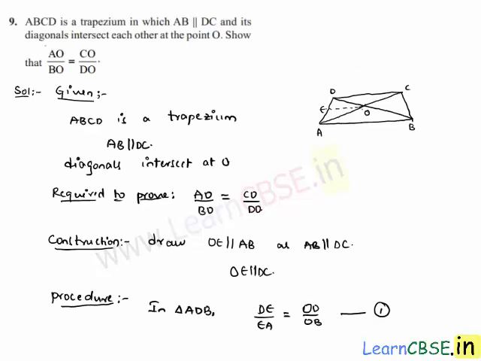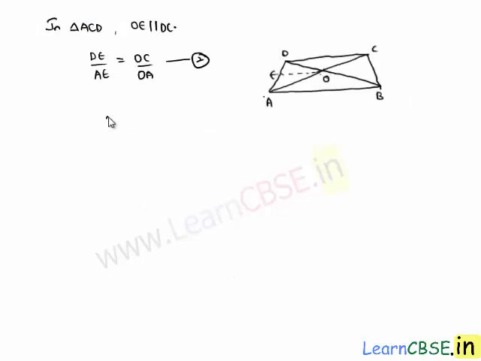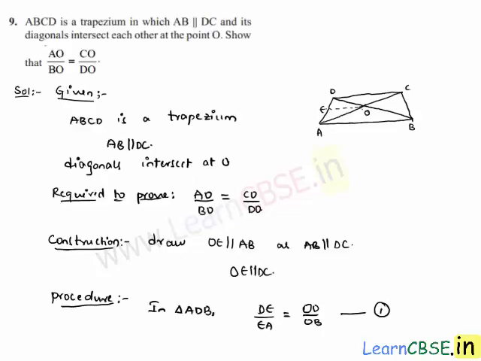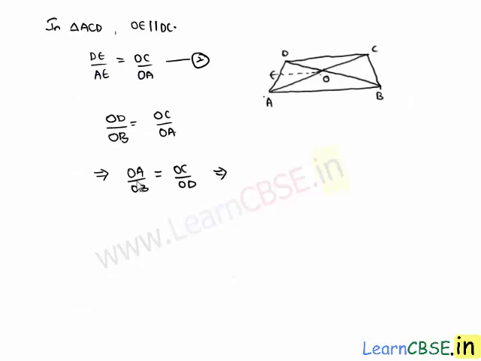So we can equate the right hand sides, that is OD by OB is equal to OC by OA, which implies OA by OB is equal to OC by OD, or AO by BO is equal to CO by DO. This is our required proof, hence it is proved.